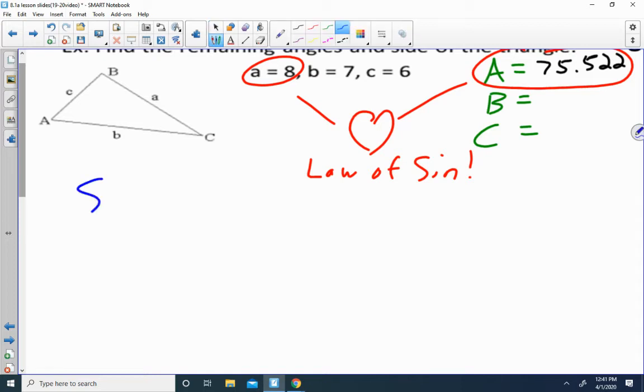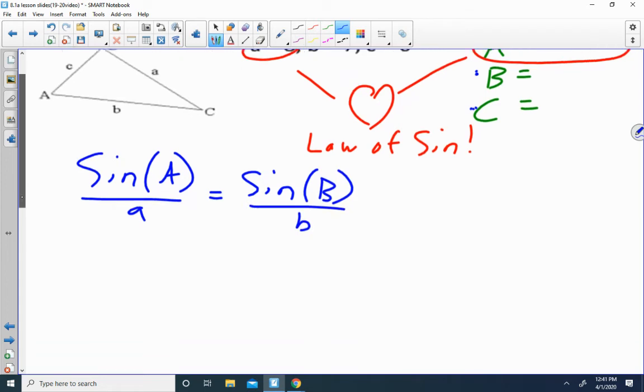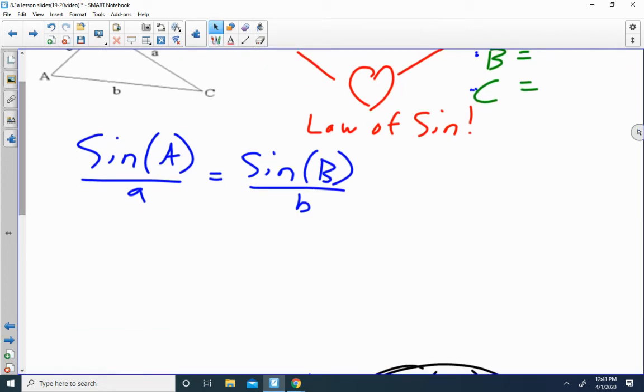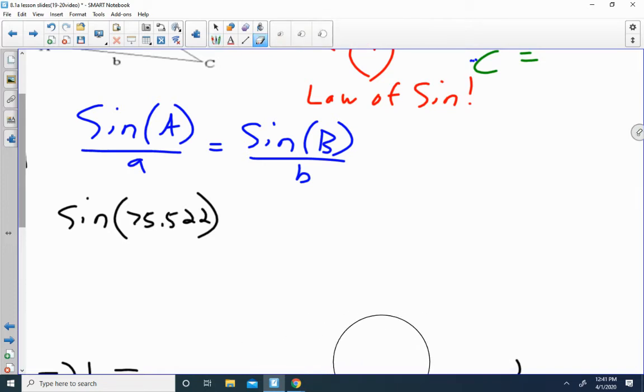And my pair is A, so I'm going to do sine of A over little a. And it doesn't matter which one we do. I'm going to go ahead and do sine of big B all over little b. Plug in the values. So sine of big A, we got to be 75.522 degrees.